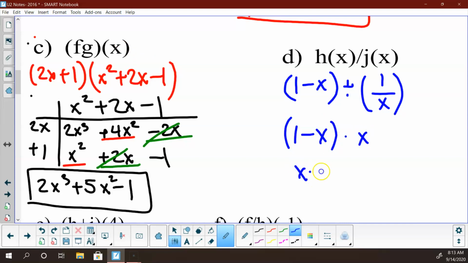So it'll be x minus x squared. Easy enough so far?